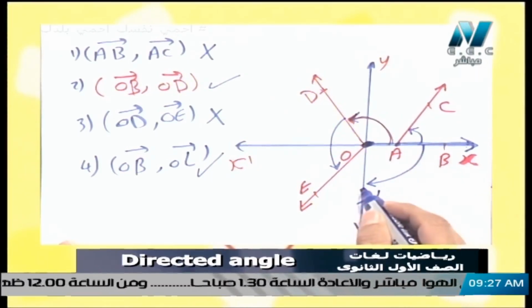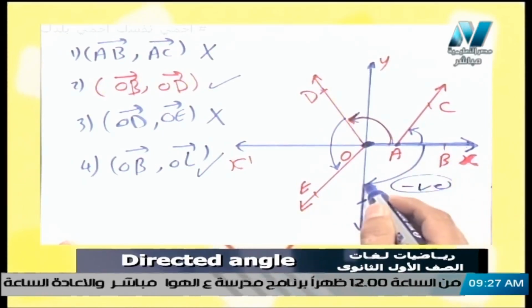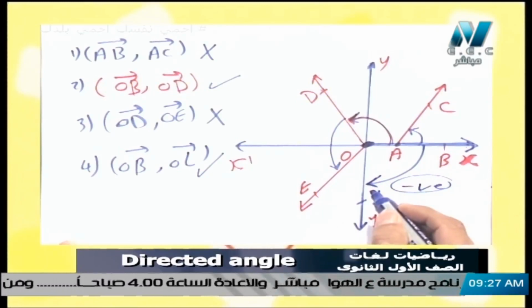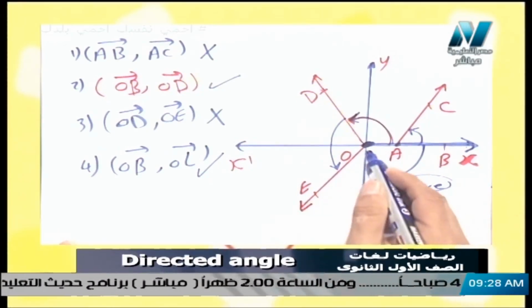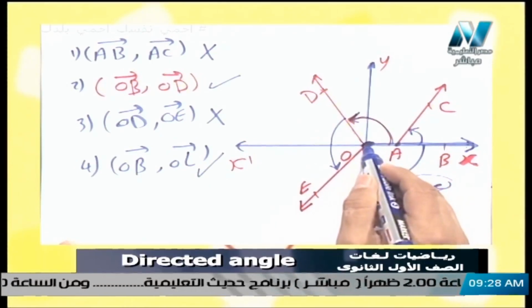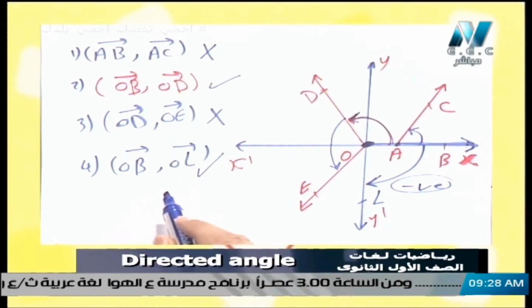It doesn't matter whether the angle is negative or positive. The angle here will be negative because it is in the clockwise direction, but it doesn't matter because we have the two conditions here: the vertex is at the origin and the initial side is the positive direction of the x-axis.